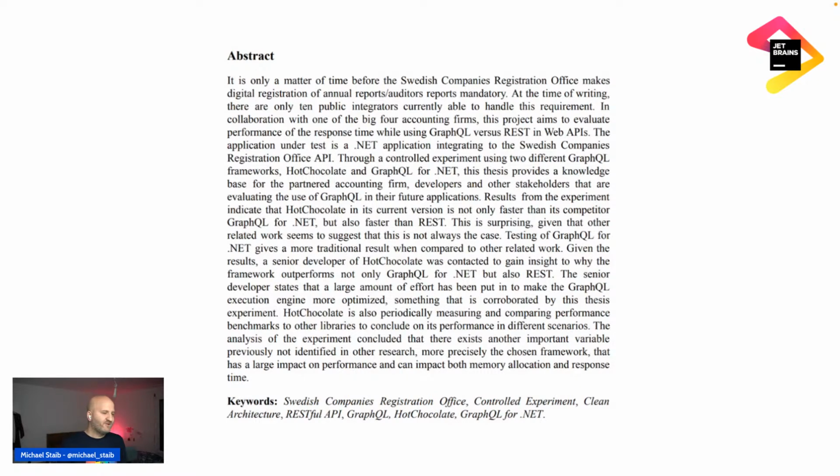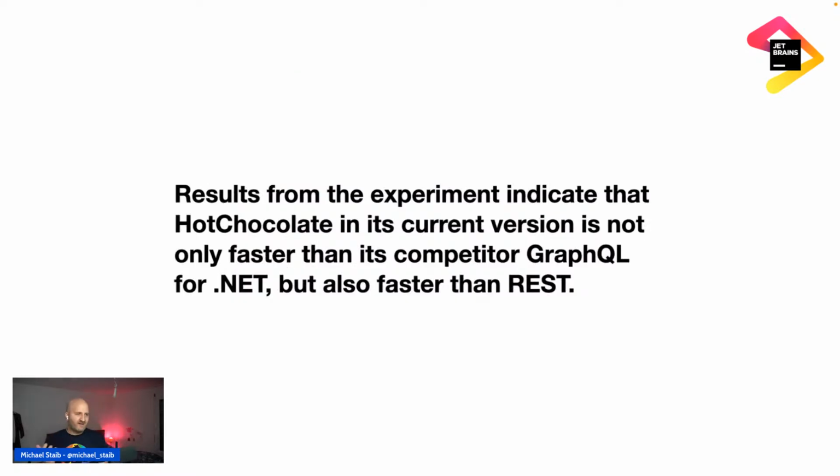And you can read that through, actually. But the result of the experiment, and they did a lot of benchmarks, all open source, you can have a look at them, is that they found out that Hot Chocolate is not only the fastest GraphQL server in the .NET ecosystem, but it outperformed the REST API that they built with controllers.